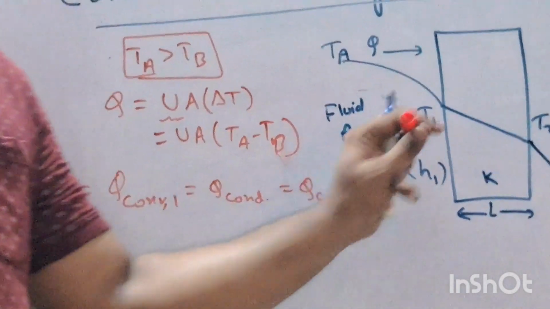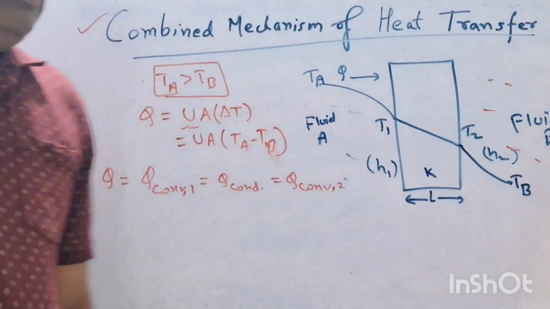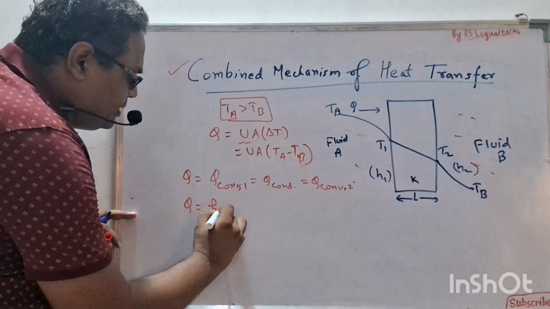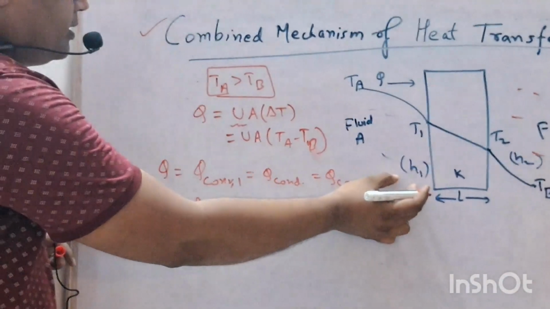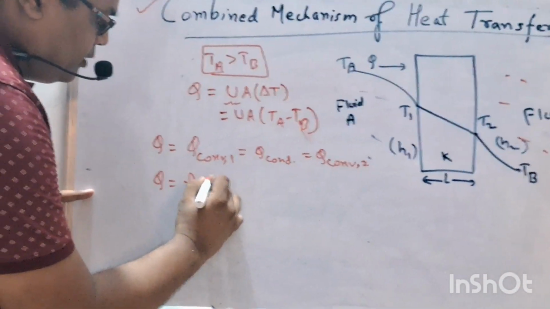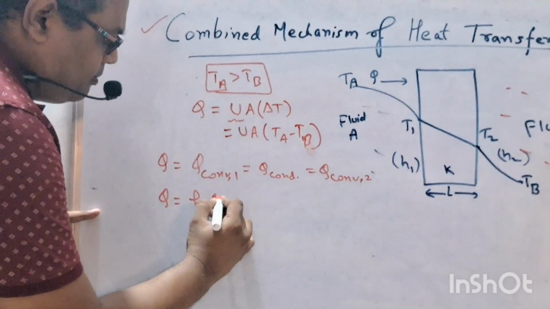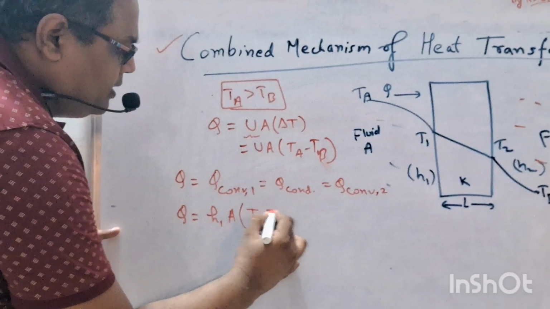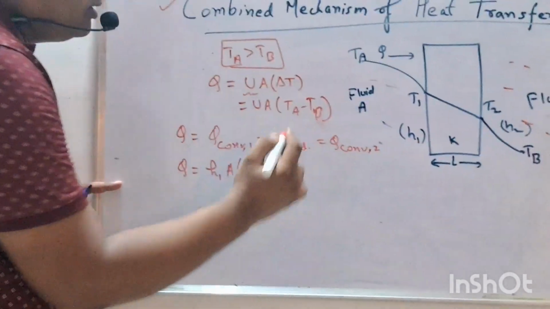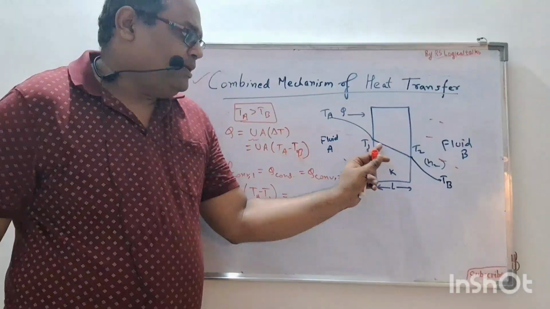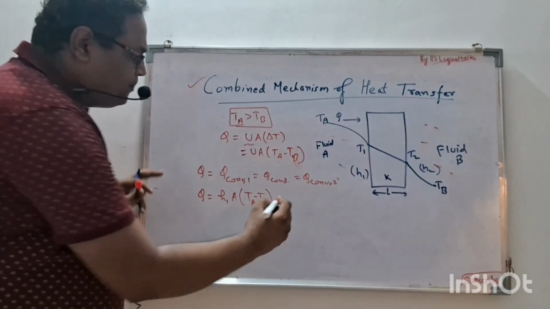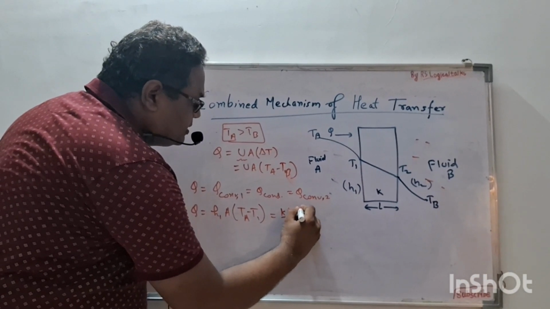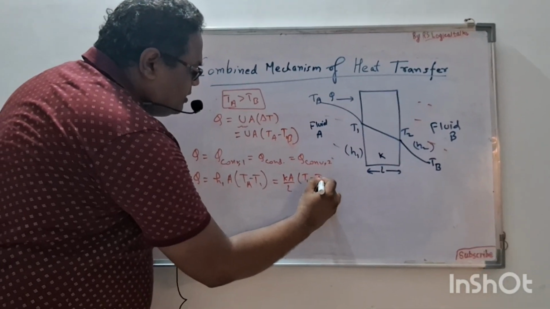For Q convection, it can be written as H1, the heat transfer coefficient, into area A, multiplied by the temperature difference, that is TA minus T1. Next, for conduction we know that it is KA by L multiplied by the temperature difference, that is T1 minus T2.